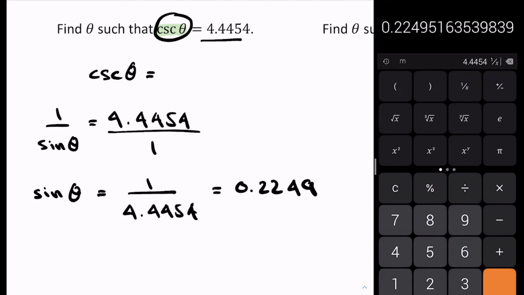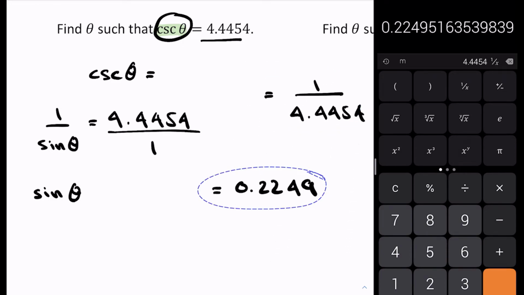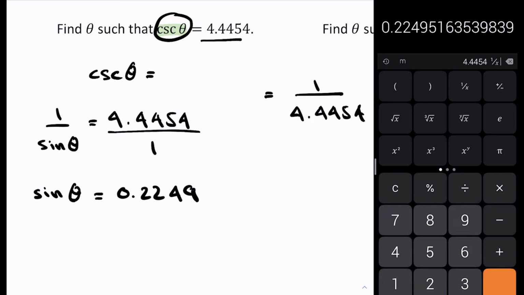Let me remove this part and maybe put it up here and just focus on this now, because now I can apply my inverse function, namely sine inverse, applied to 0.2249. Recall, the inverse is what brings you back to your domain.